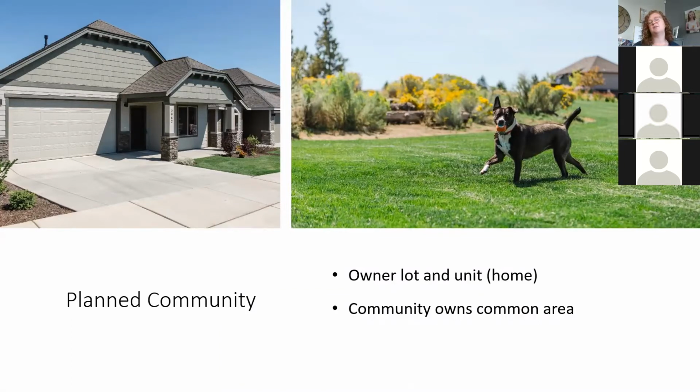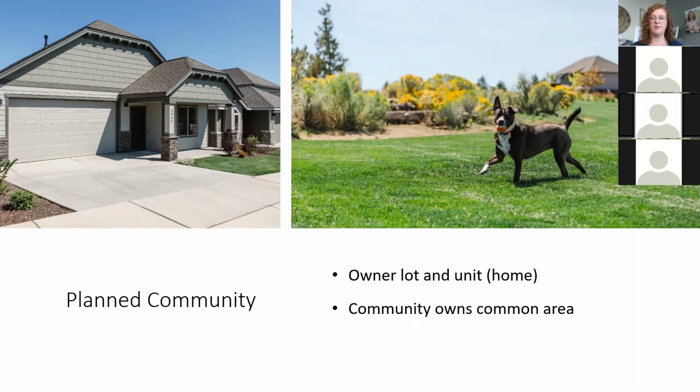And a planned unit development is a community that's formed under Chapter 94 in the state of Oregon statutes. And what that says, the definition of a planned unit development, is that the owner owns the lot and the unit, which could also be a home, and the community owns the common area.